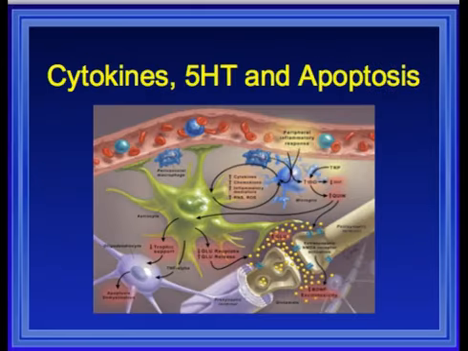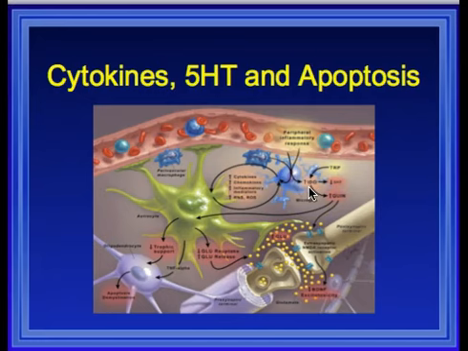Okay, so let's look at this complicated slide here. You've got cerebral blood vessel leaking inflammatory markers. And you get a microglial cell. Now, what happens normally, you've got tryptophan, and tryptophan hydroxylase turns tryptophan into serotonin. That's great, that's a good neurotransmitter. However, inflammatory proteins come to the microglial cell, and they upregulate an enzyme called indoleamine dioxygenase.